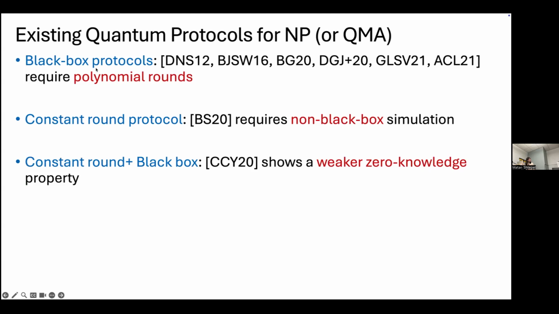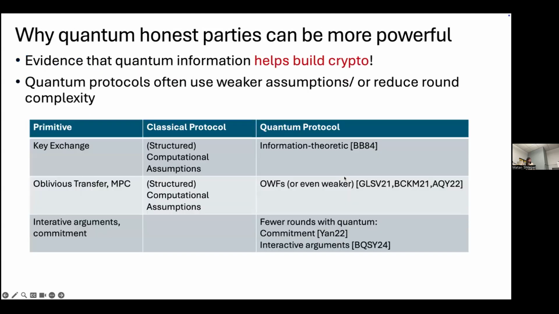There are black box protocols, but they all require poly rounds. There are also constant round protocols. Actually, the BS20 paper, one using QFHE and LWE, can extend their protocol to work for QMA. There is also the constant round and black box one I mentioned as well. They can also achieve QMA, but with a still weaker zero knowledge guarantee.